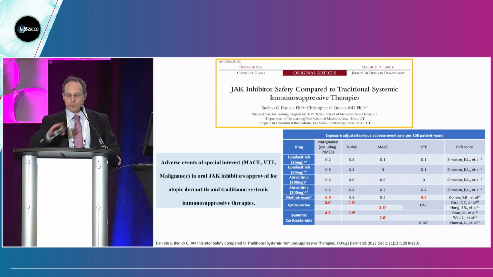And what we found in the red numbers at the bottom is that on average, the methotrexate, the cyclosporin, and the systemic steroids tended to have higher rates of adverse events than all of these JAK inhibitors, regardless of the dose. And look at the systemic steroids. It's off the chart.